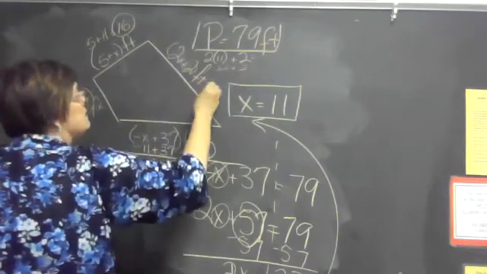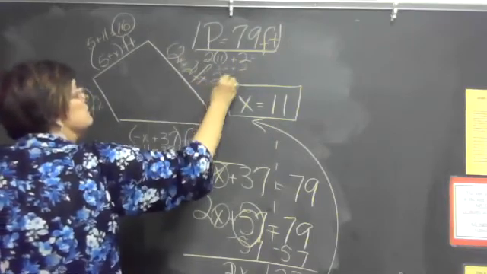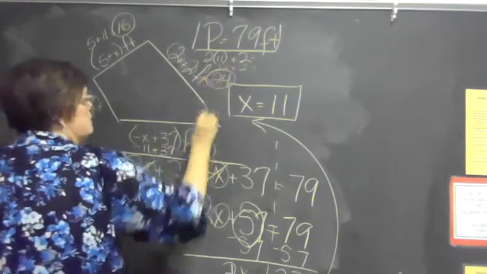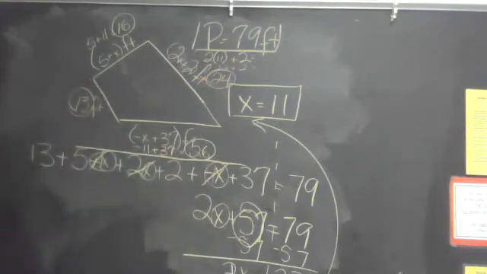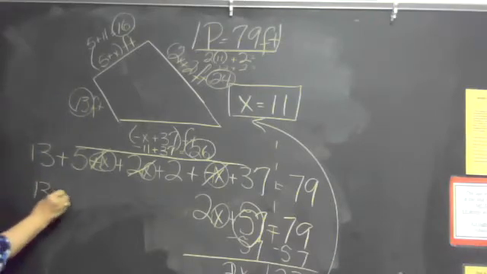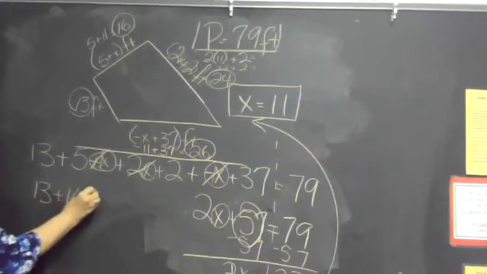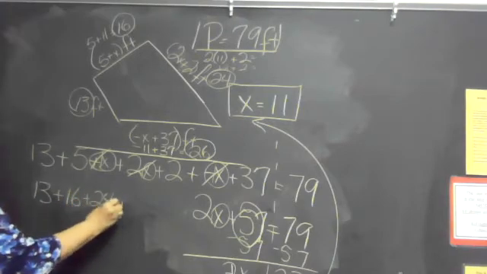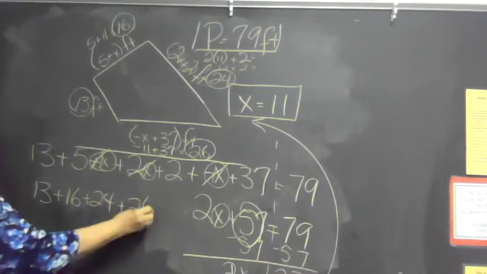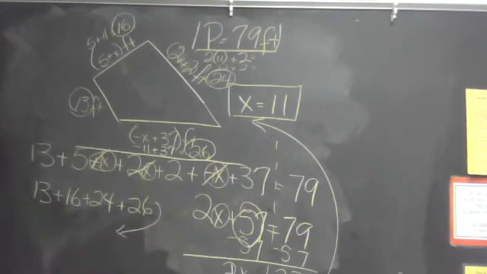So this side now is 24. Now, do we have it all? Yes, we do. Okay. And so we have, let's add them together. 13 plus 16 plus 24 plus 26. Did you add it? Okay. Add this up.